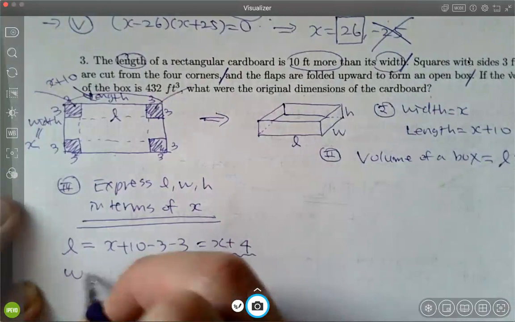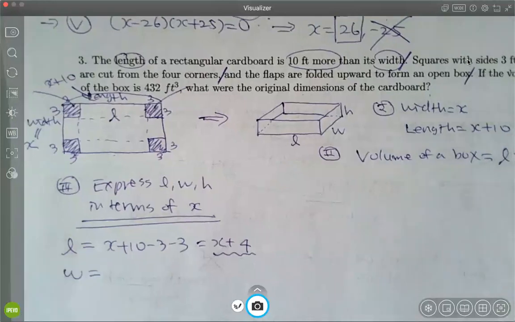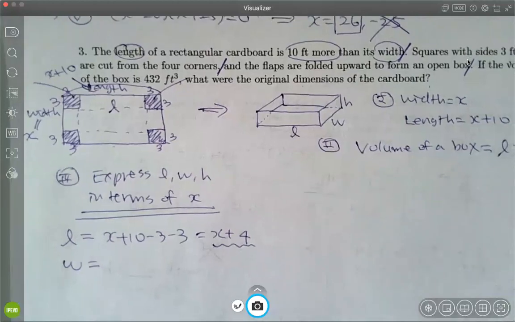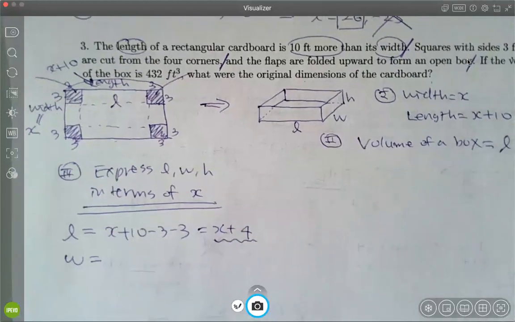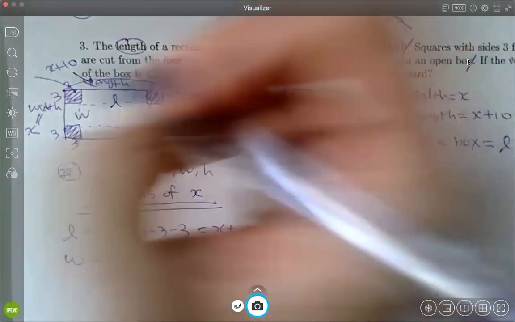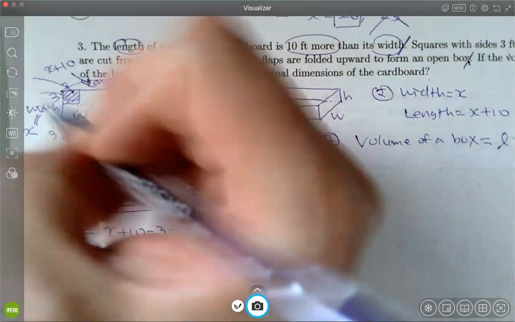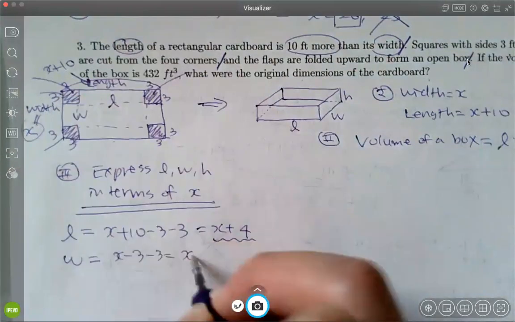And now, what's the expression of W in terms of X? X minus 6. Do you see why? So that's the W. How do you get W? You cut out 3 and 3 from x, right? So it's x minus 3 minus 3, so that's x minus 6.